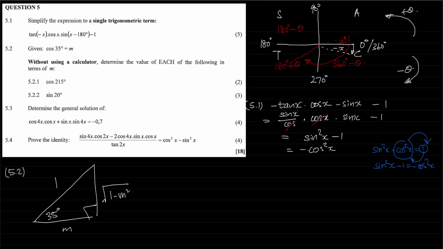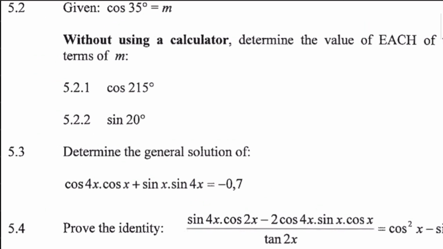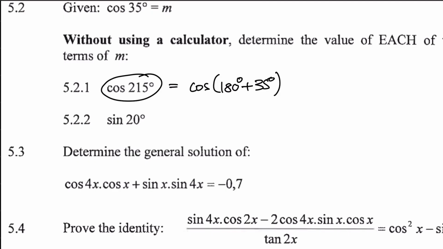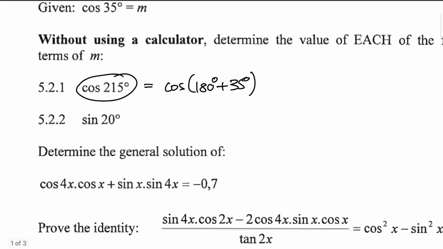Next, without using a calculator, determine the value of each of the following in terms of m. Cos of 215. Now, we obviously will need to break this up a bit. So 215 I can rewrite as cos of 180 plus 35, right? Now 180 plus 35, you can think of it as 180 plus theta.